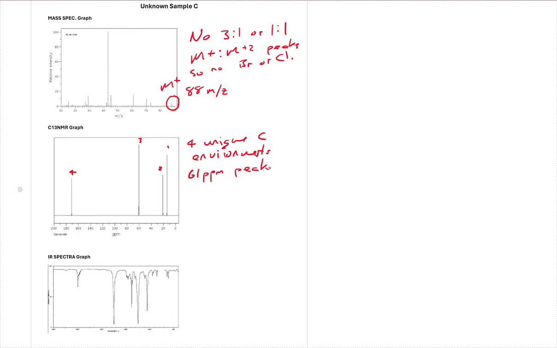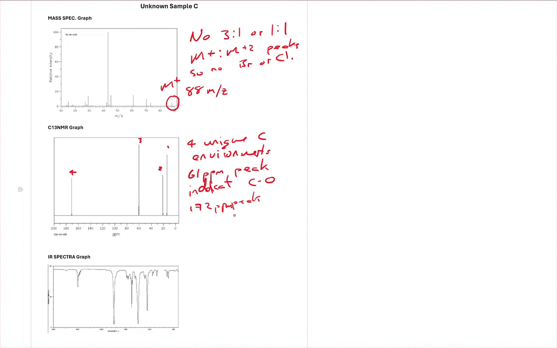So that peak indicates a carbon to oxygen bond. And then we have the one way over on the left, past 165, about 172 ppm.